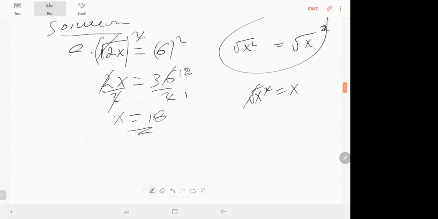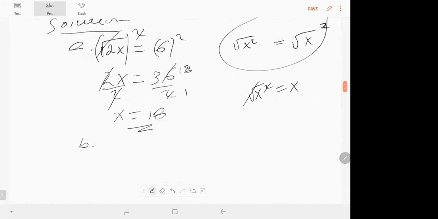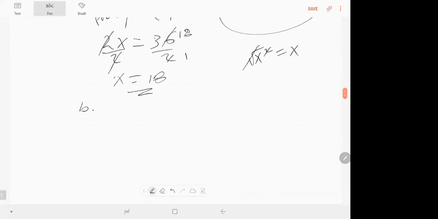Let us continue. B, we are given the equation the square root of x minus 2 is equal to 1. Again, to solve this square root equation, we take the square on both sides. The square cancels out the square root, so x minus 2 is left, and 1 squared is 1.